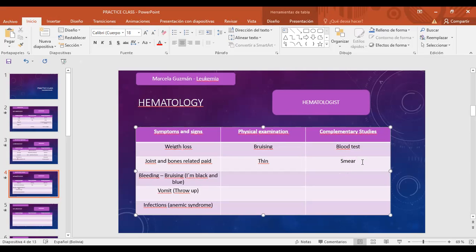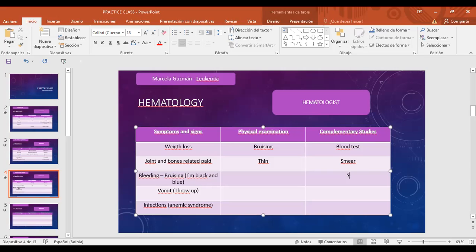Okay, anything else? Maybe a spinal tap. I don't know if the pronunciation is like that, but to make a count of cells in the fluid from the spinal cord.